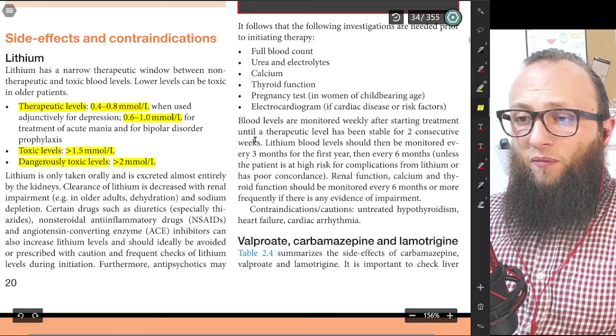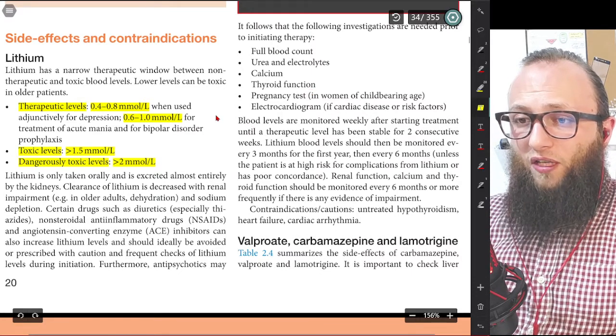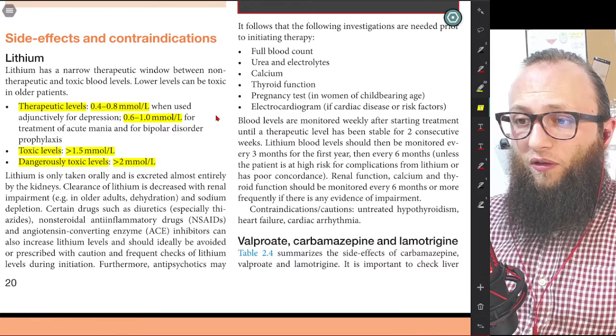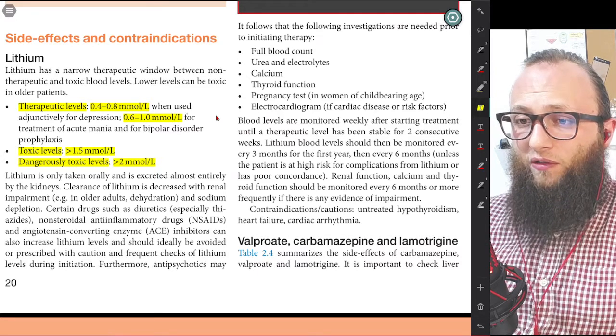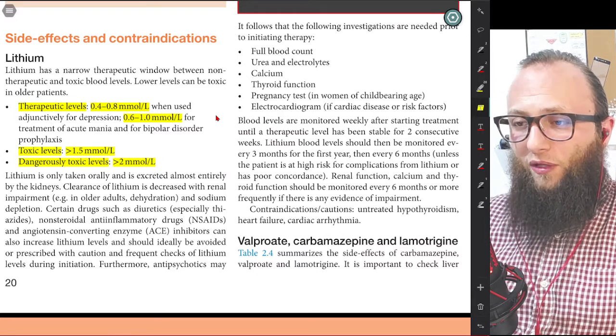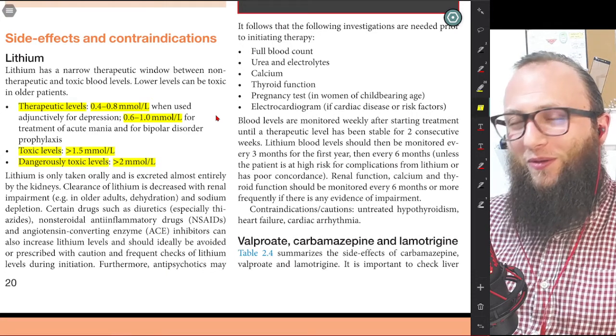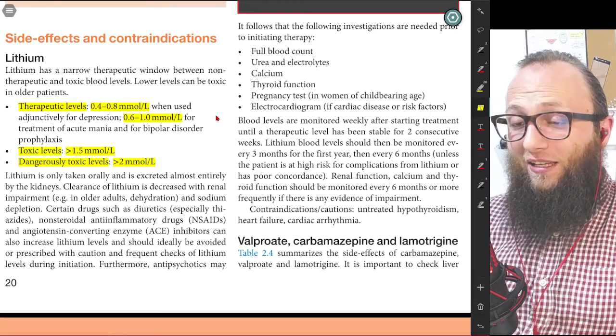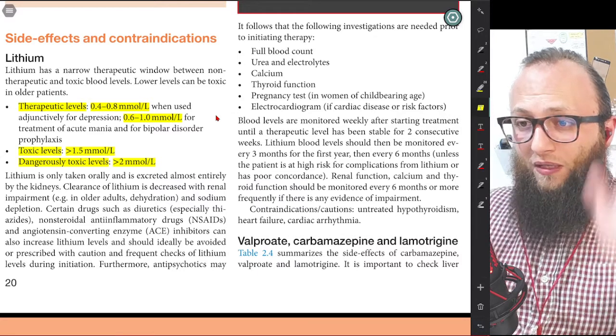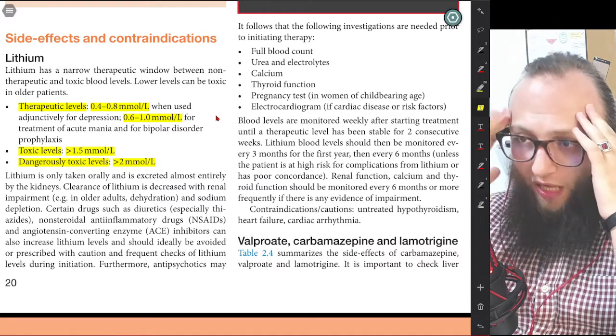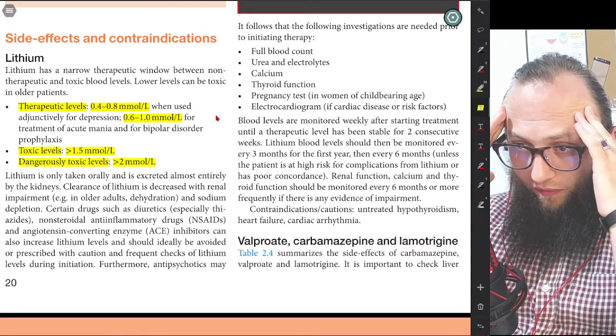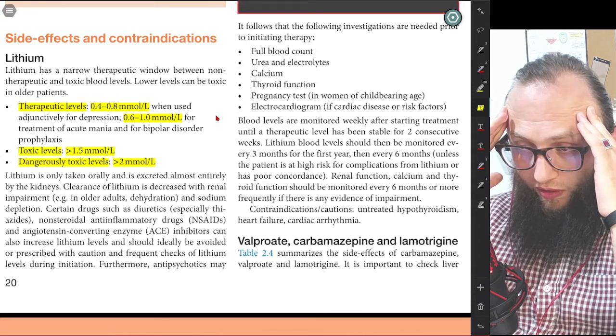Blood levels are monitored weekly after starting treatment until a therapeutic level has been stable for 2 consecutive weeks.